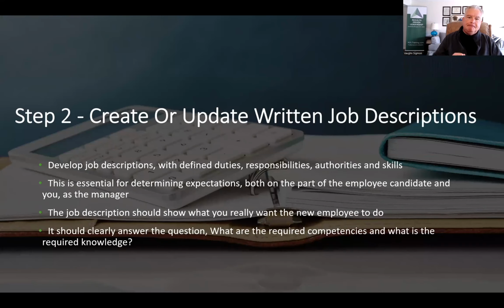Step number 2: create, if you don't have it, update, if you haven't done it in a while, your job description, because that really becomes your template for who you are looking to hire. Not so much the responsibilities.